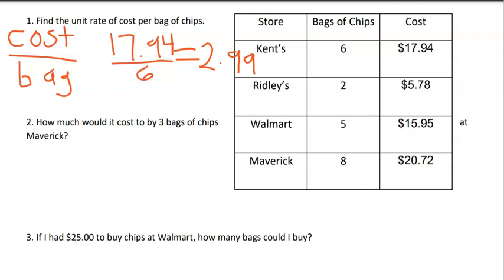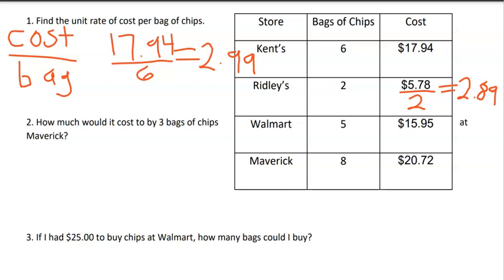So for Ridley's, we're going to take the $5.78 right over here, and we're going to divide it by 2, because those are the 2 bags of chips. When I did that in my calculator, I got $2.89. So I'd write that next to it. And then for Walmart, same idea.